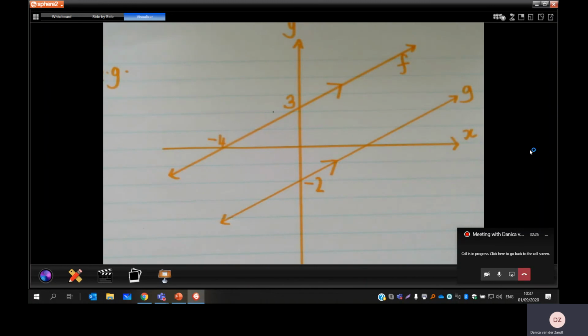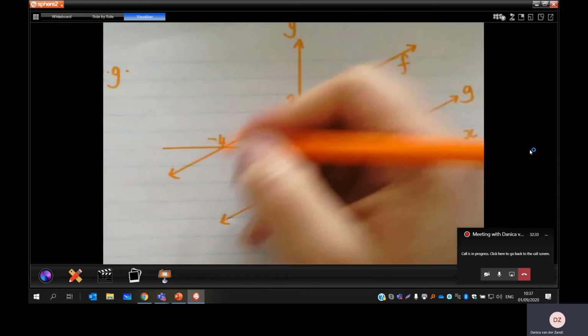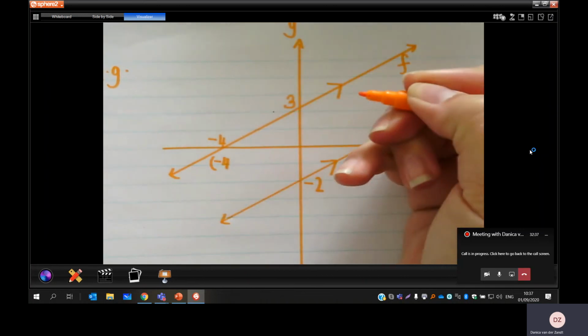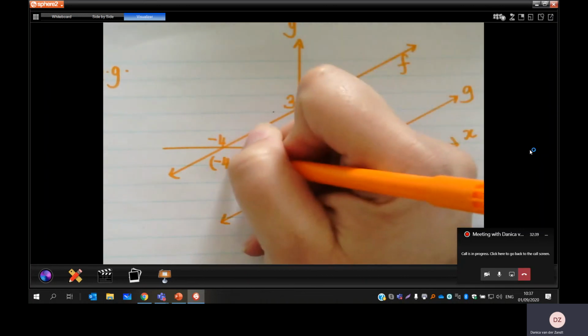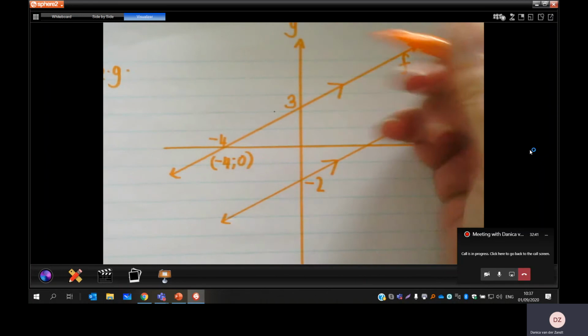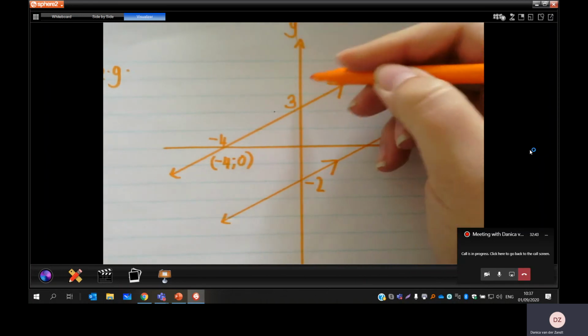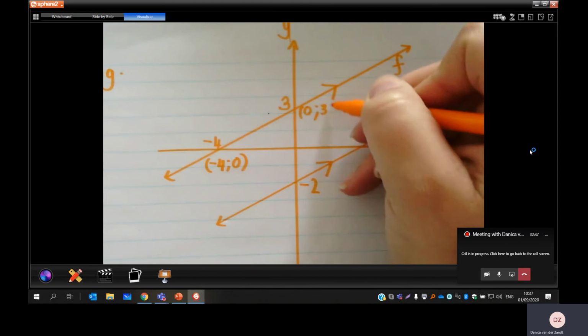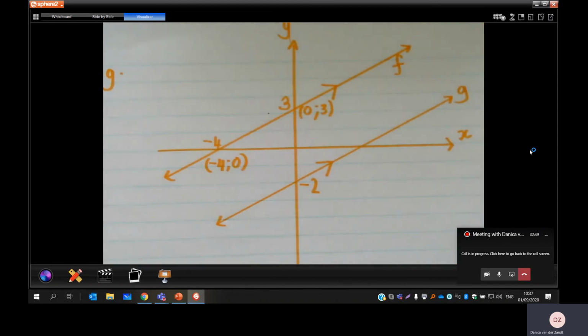So that's what I'm going to do first. I'm going to fill in those coordinates because I need to use the coordinates to find the gradient. So since it cuts the x at minus 4, the x is minus 4. Therefore, the 0 goes to y. It is cutting my y-axis, therefore the 3 goes to y, and the 0 is my x.